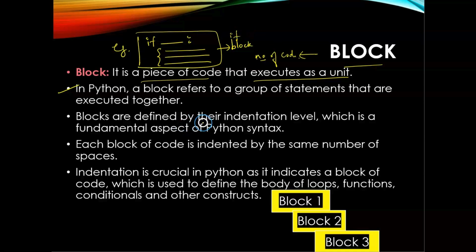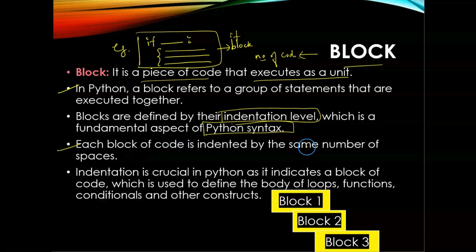Okay, so blocks are defined by their indentation level, which is a fundamental aspect of Python syntax. The one important thing is you should follow the indentation level, and secondly you should follow the Python syntax rules. The next point: each block of the code is indented by the same number of spaces. As I have given here, all the statements are indented to the same level.